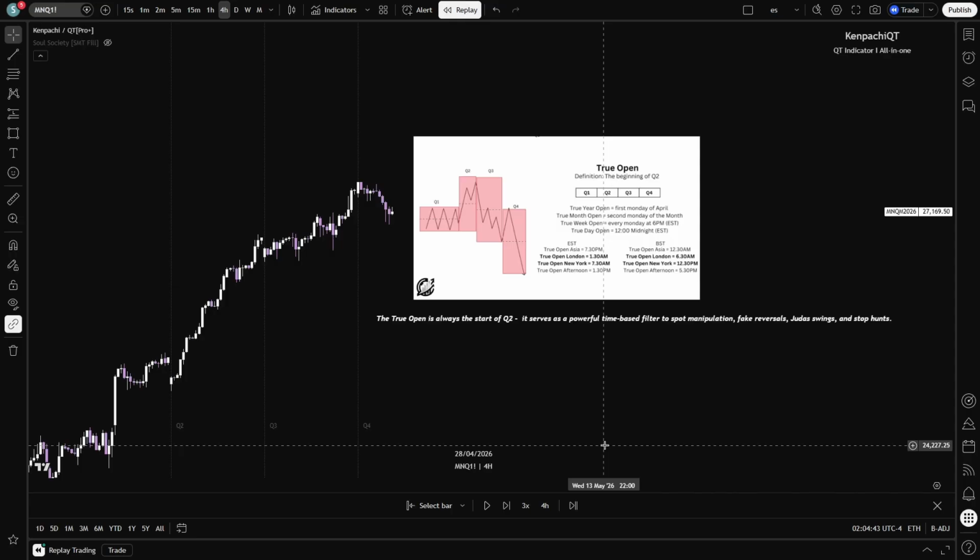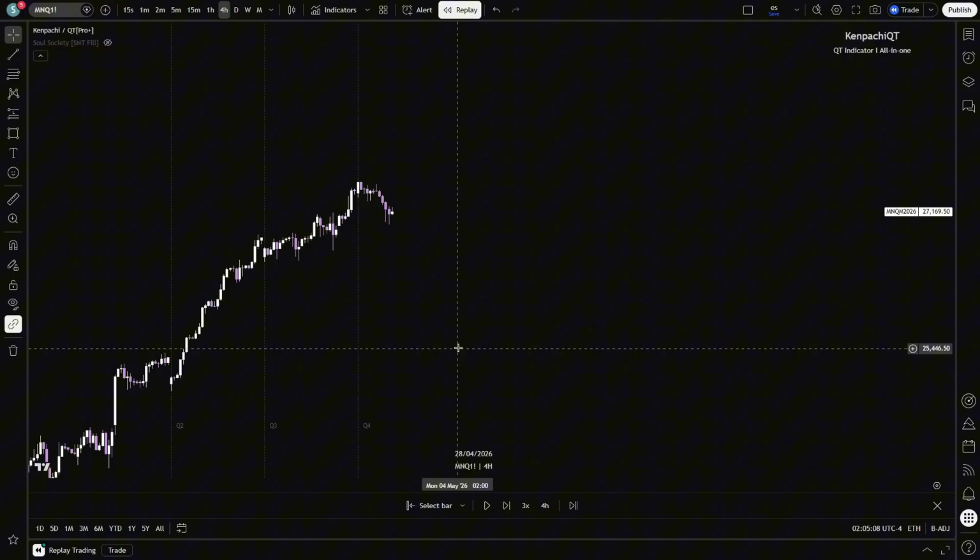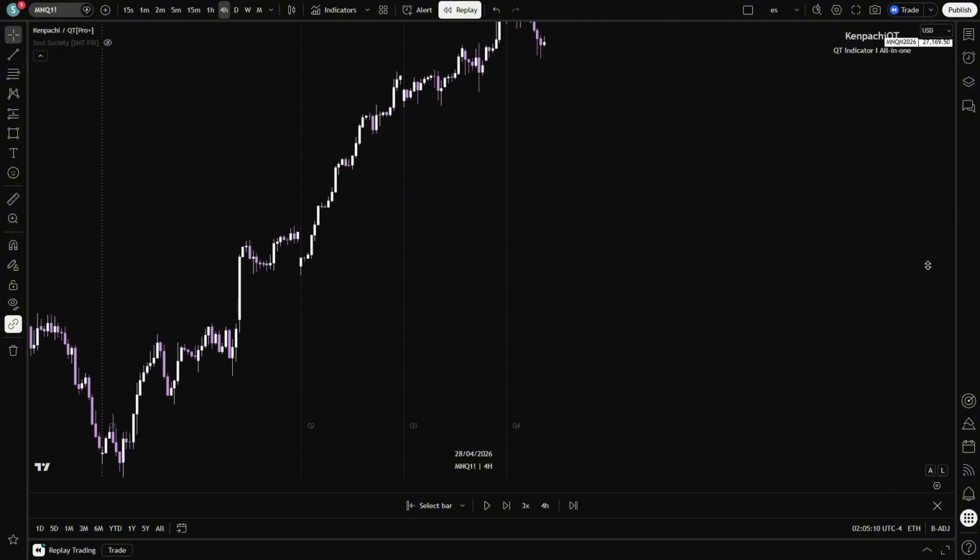Okay, so the main understanding of the true opens that you need to have is that the true open is always the start of Q2, whatever cycle you're in, the monthly, yearly, weekly, daily, 90-minute or microcycle. The true open is always gonna be the start of the Q2. Knowing that information, we can mark up the very first candle.